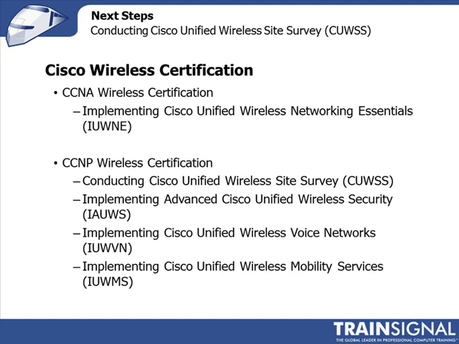So once you've got your certification for this course, i.e. the conducting Cisco Unified Wireless Site Survey, you can then go on to selecting one of these implementation classes. One's looking at the unified wireless security, one's looking at the voice networks, and one's looking at mobility services. So encompassing those together will then give you your CCNP wireless certification.